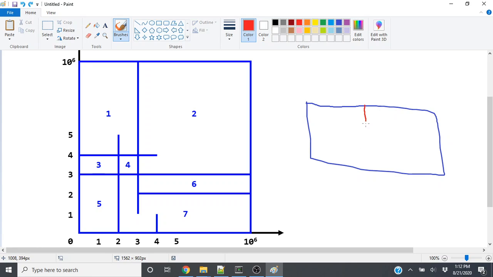The fact that each vertical line always touches at least one side of the square is very important. Because it means that if you have some horizontal line that touches 2 points, it's going to divide the square into whatever's below here and whatever's above here. So it's going to create a new region. Let's say you have the same thing. This line is going to create a new region here.